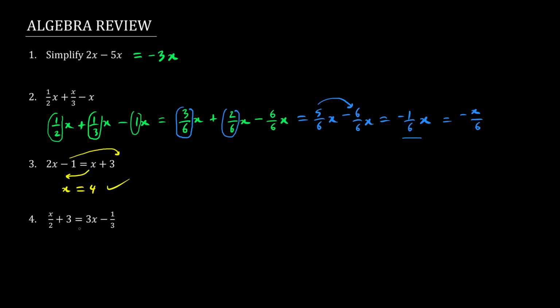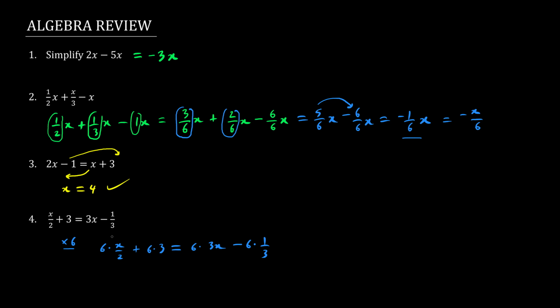Now for this question here, we have an equal sign, so we can simply multiply both sides by 6, the LCM of 2 and 3. And by doing that, we have 6 times x over 2 plus 6 times 3 is equal to 6 times 3x minus 6 times 1/3.